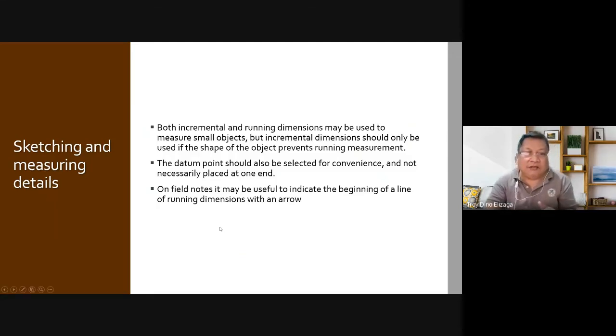It says here that it may be useful to indicate the beginning of a line of running dimensions with an arrow. This is where your other colored pen would be useful, assuming all your dimensions are red. To make sure that this arrow is distinct, you use the color green maybe.